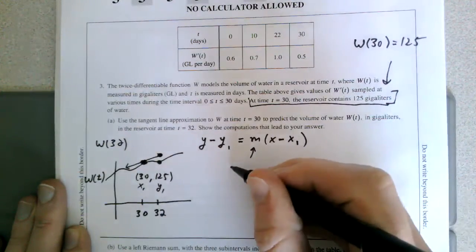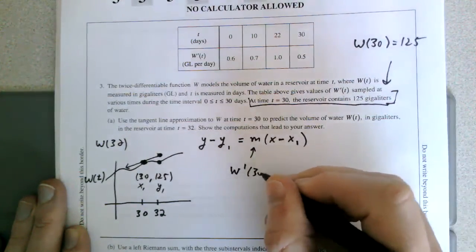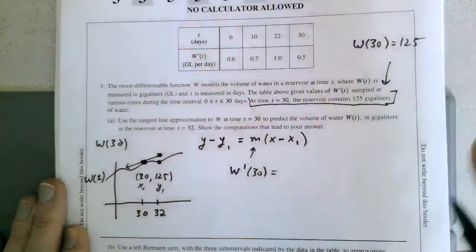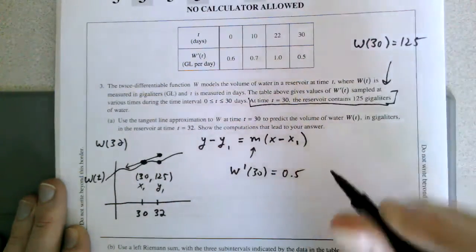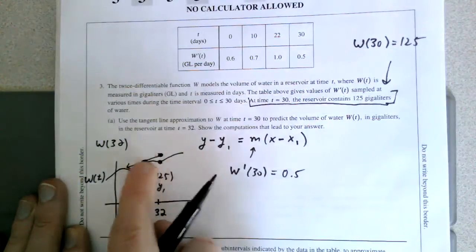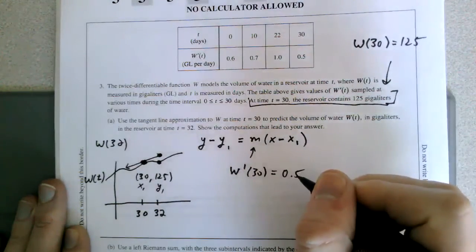But we know what W prime of 30 is just from the table. W prime of 30 is 0.5. So that's the slope of the tangent line at 30, which is the slope of the line whose equation we're trying to write down. So that's your m right there.